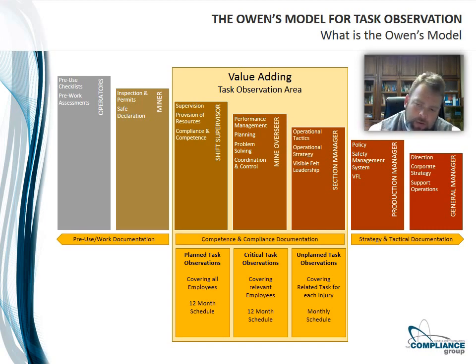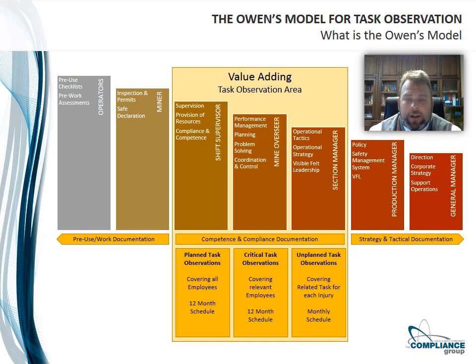Now moving right across the spectrum to the production manager and the general manager. This is more directing and strategizing around the business, solving technical issues, driving visible felt leadership, driving campaigns, driving life rules, and being involved, having the open door policy. That is the focus of these people in these roles.